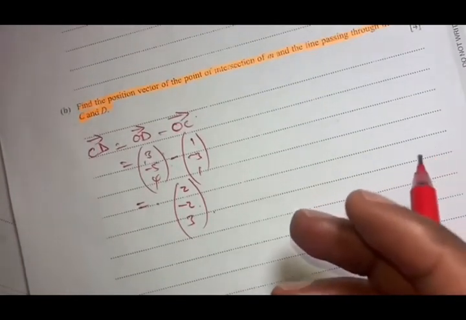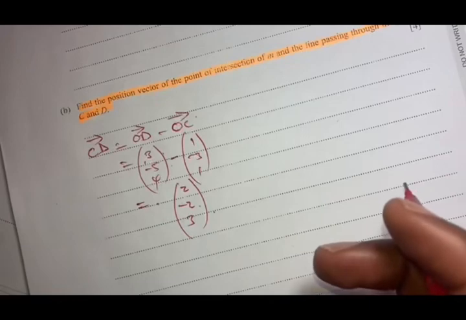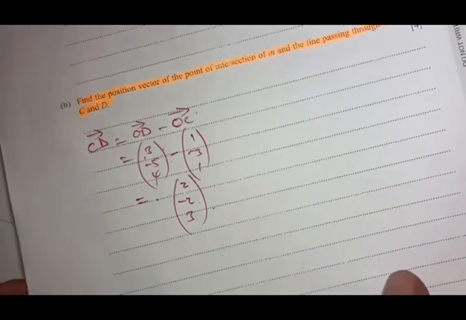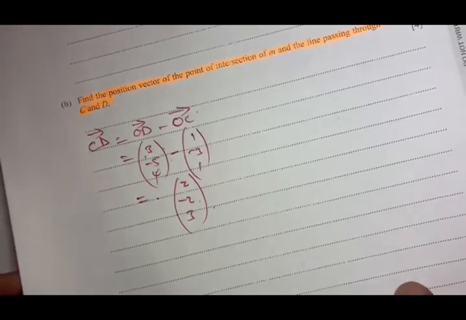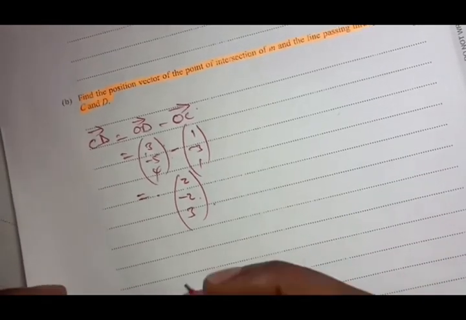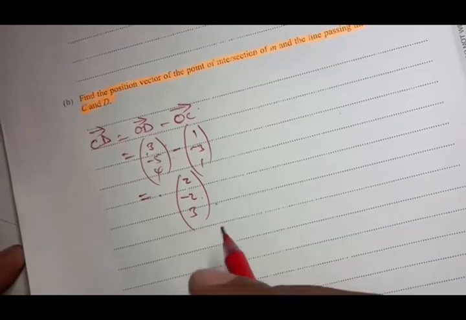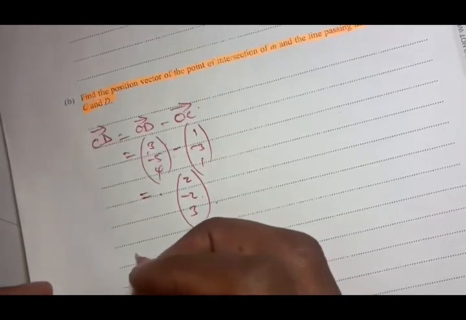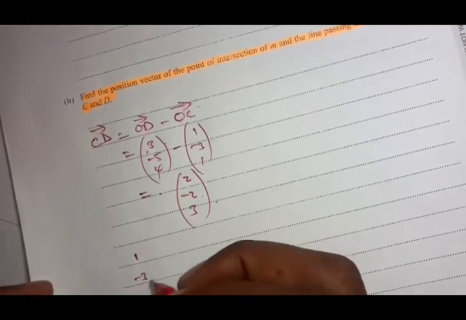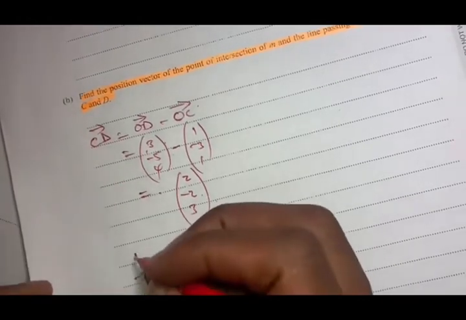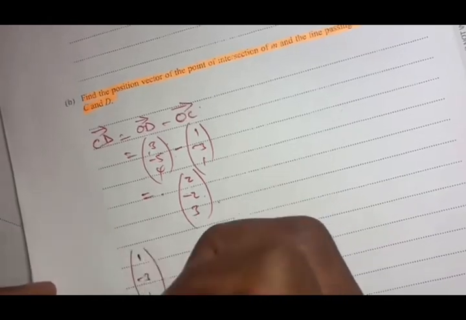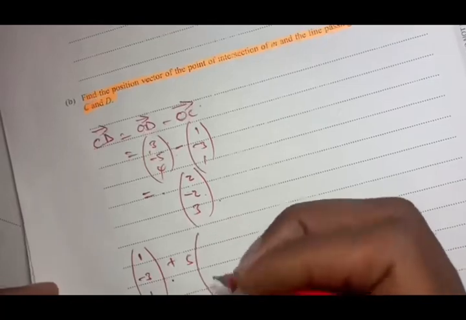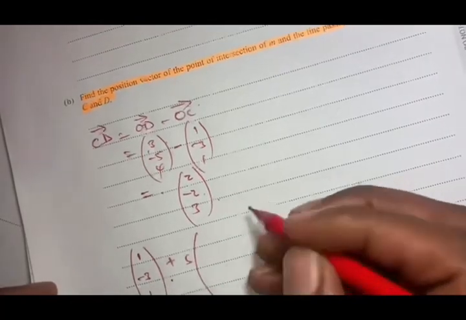That's the direction vector CD. So I'm going to set a point on this line equal to a point on M. I say minus 1, minus 3, 1, which is the position vector OC, plus x times what I calculated as the direction vector of CD.